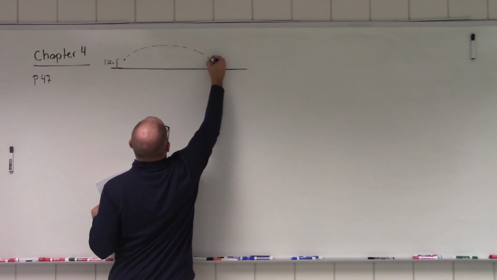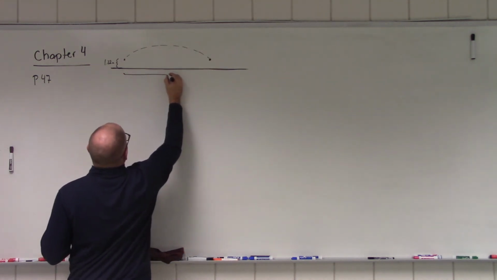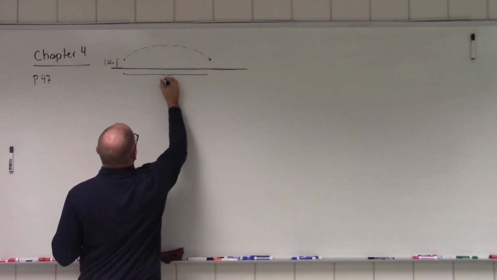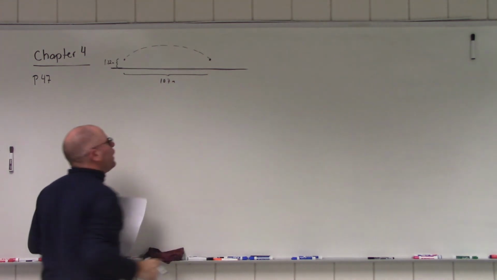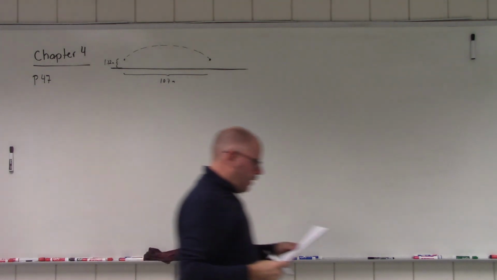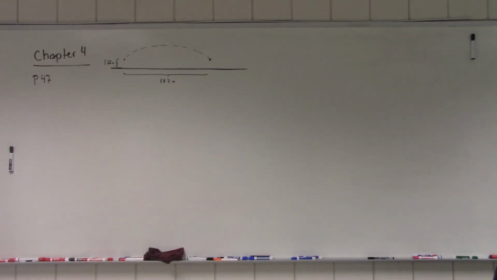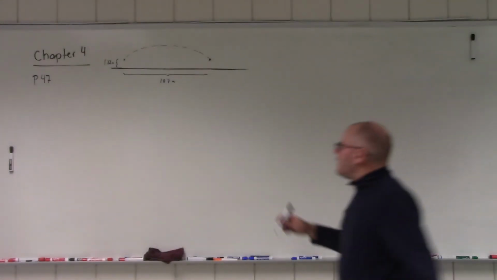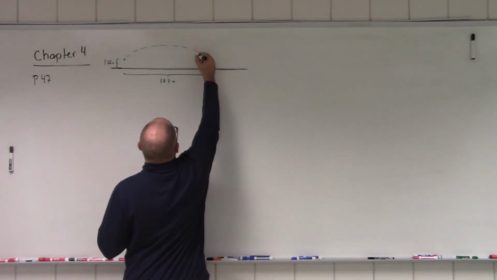Now, it says to return to its launch, it would have gone 107. That's what it's saying, okay? But what it wants to know is, does the ball clear a 7.32 meter high fence that is 97.5 meters horizontally? So 10 meters back from here, there's a fence.